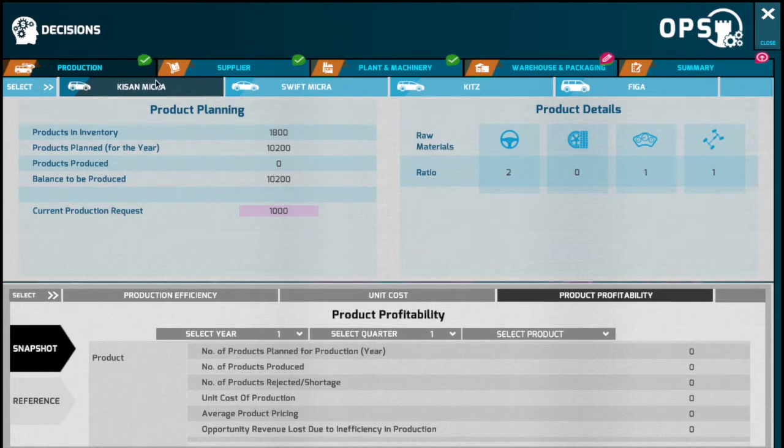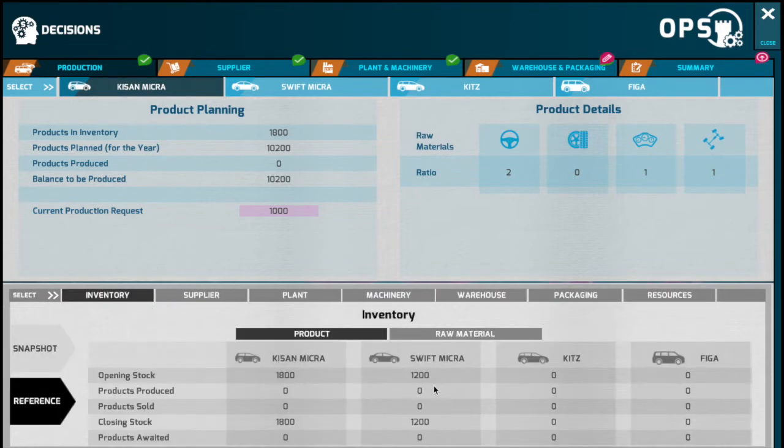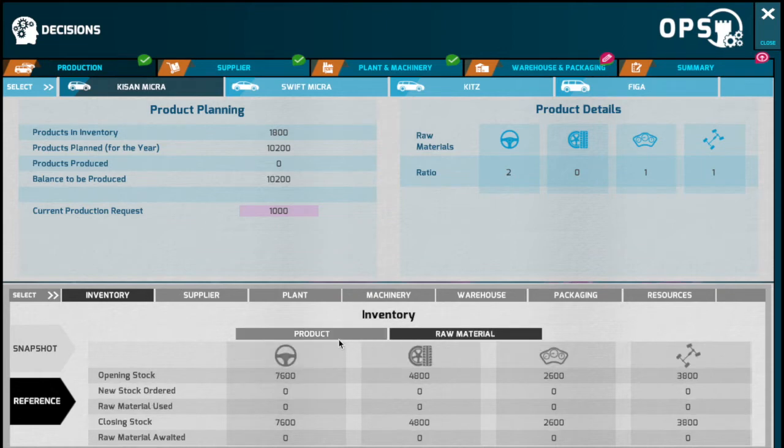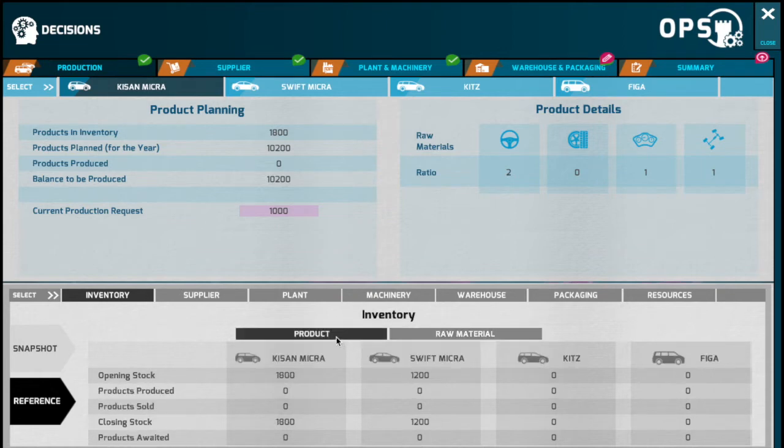For example, if a player wants to produce Kisan Micra, he would need the raw materials in the ratio of 2:0:1:1. It is always a good practice to check the reference in order to understand the overall raw material inventory and the product inventory which are currently available before making the production request.